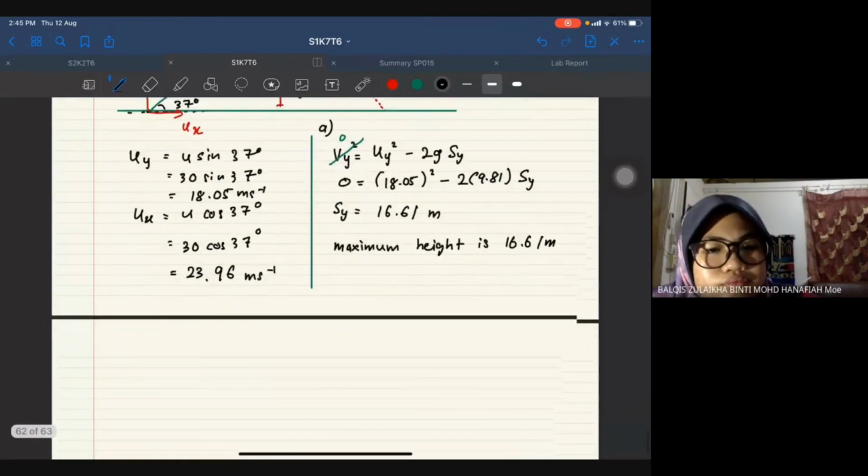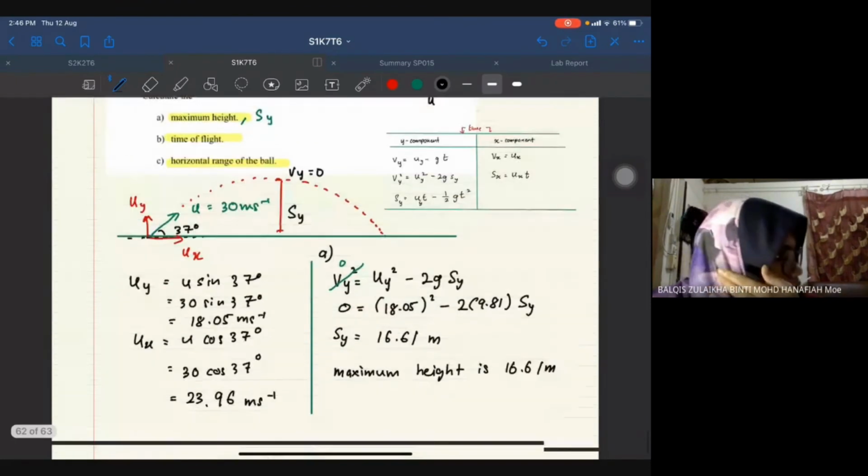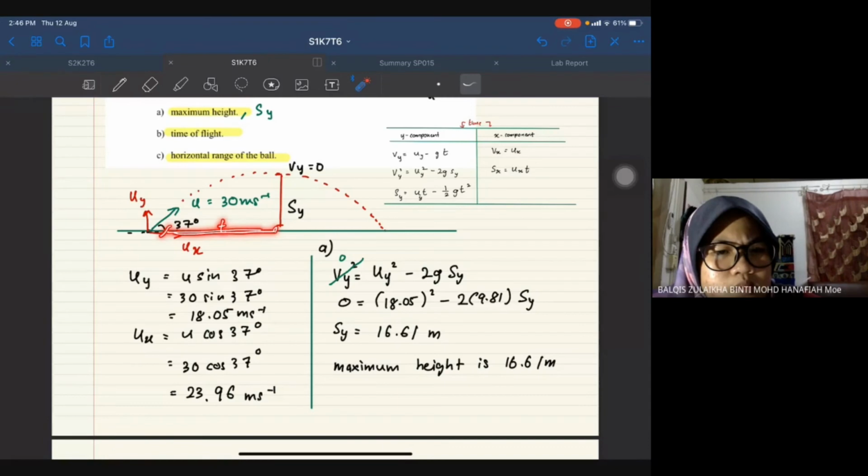Okay, number 2, the time of flight. Okay, ada dua cara nak selesaikan this. One, you can use the facts that you can find the time for it to reach this height. So kamu dah ada banyak information, kamu boleh cari the time untuk dia naik atas sini. So time dia gerak ke sini dengan time dia naik ke sini sama tau.